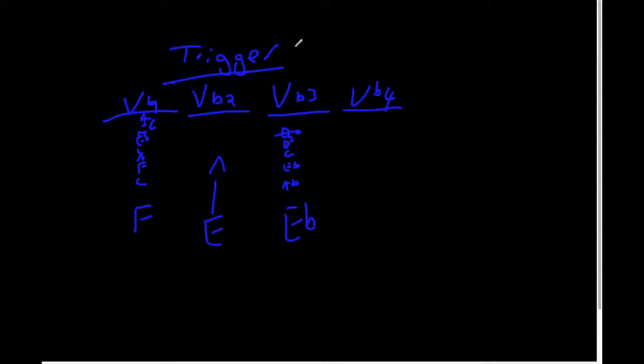Valve flat 3 in real life ends up being right around 4th position, and valve flat 4 in real life ends up being 5th position with the valve depressed. And so that gets us to the D overtone series: the pedal D, and A, D, F sharp, A, C, D, E, and F sharp again.